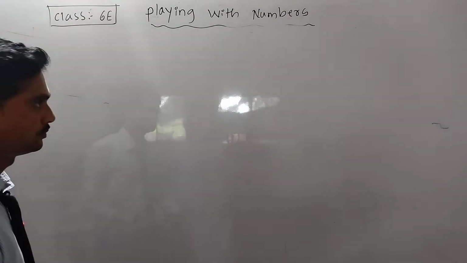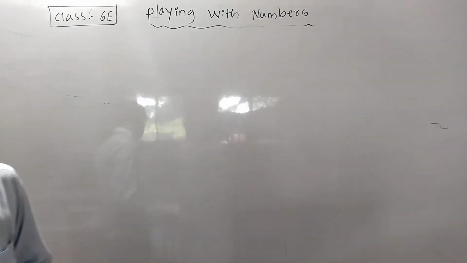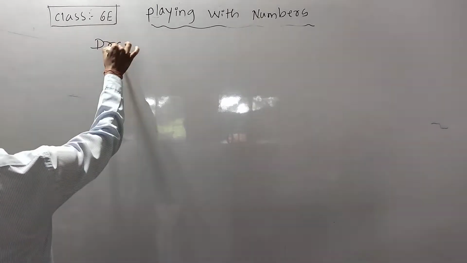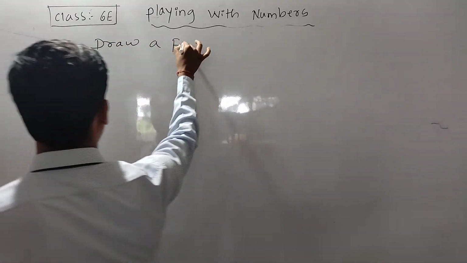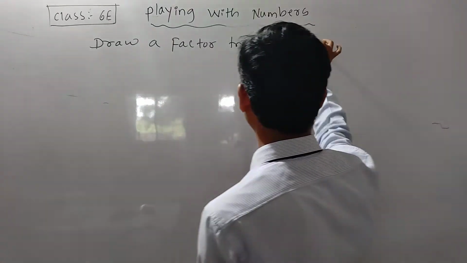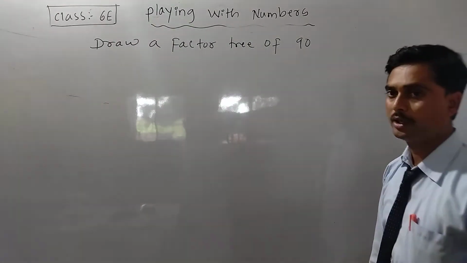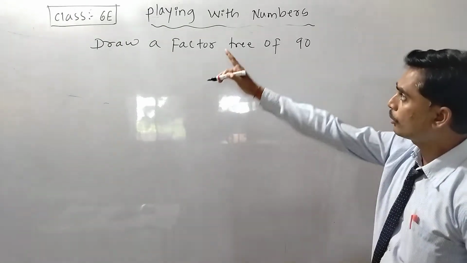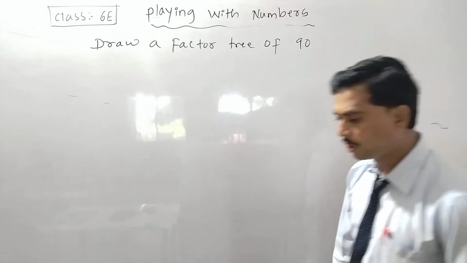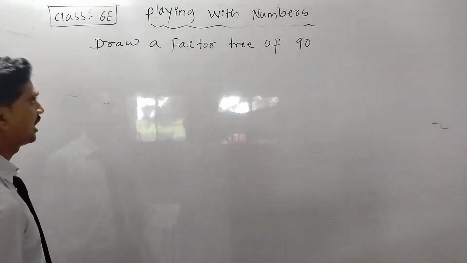Okay, next one. Draw a factor tree of 90. It is very important. We should draw the factor tree of 90.